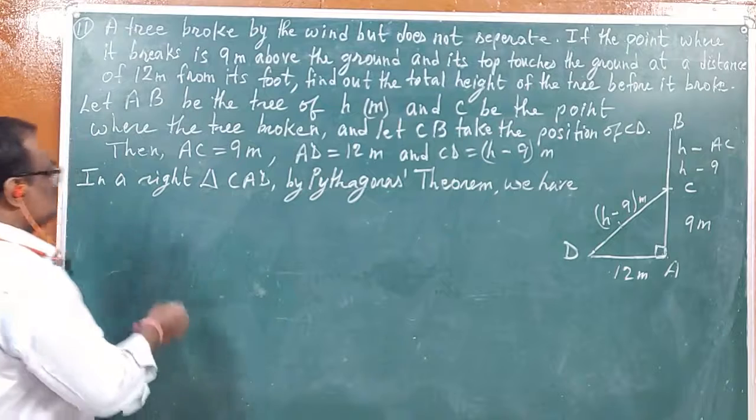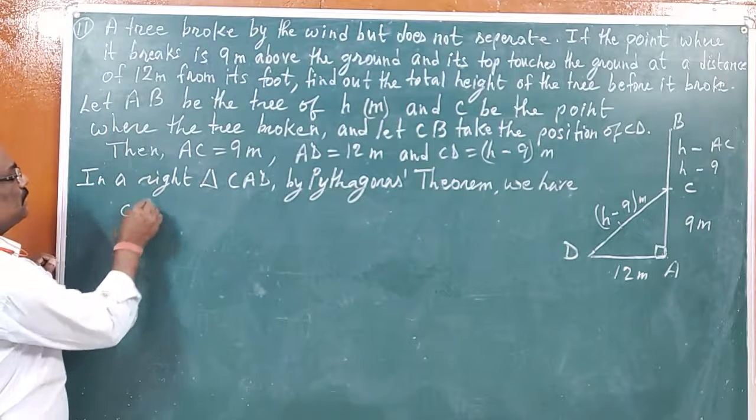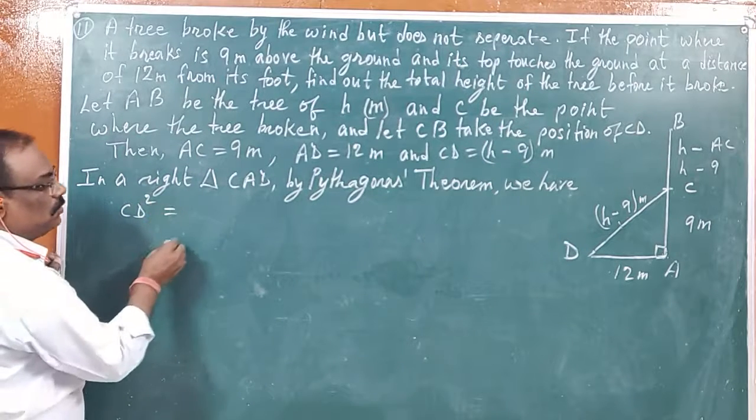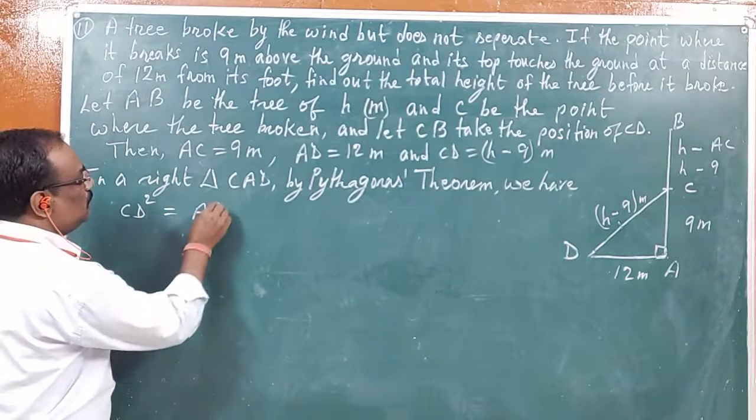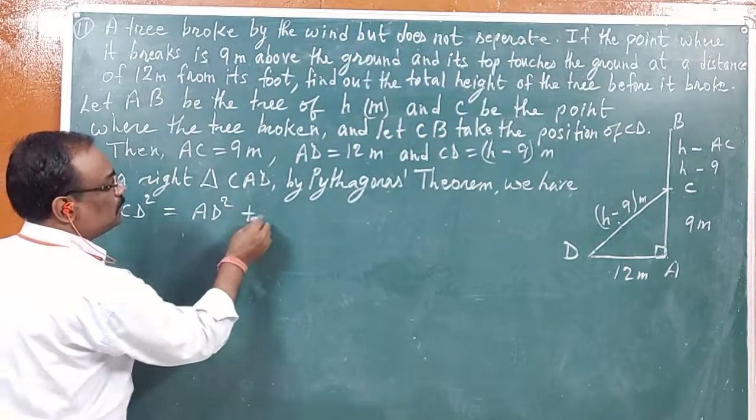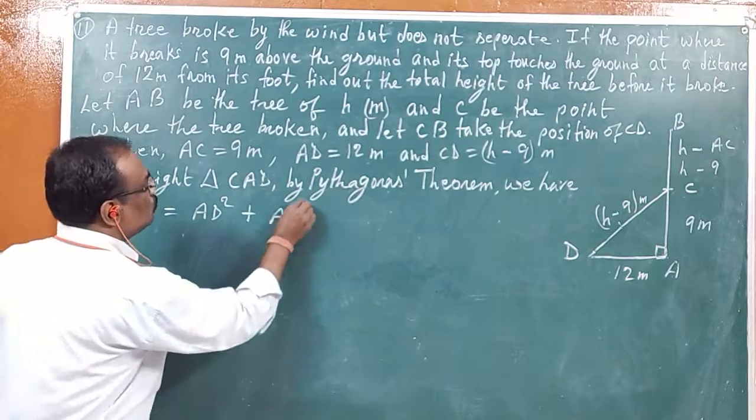So here the hypotenuse is CD, so we can write here CD square is equal to AD square plus AC square.